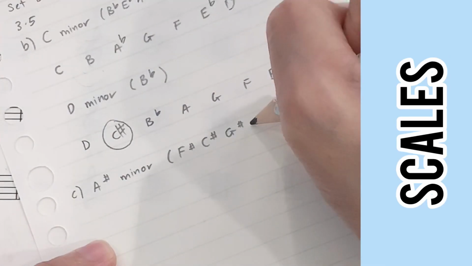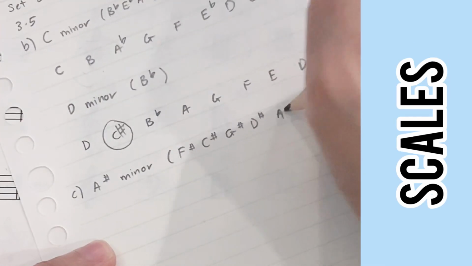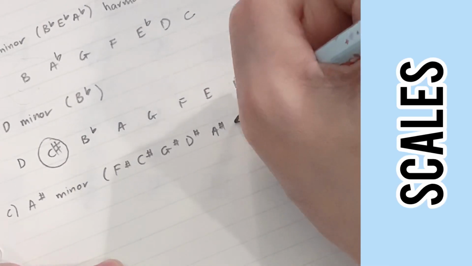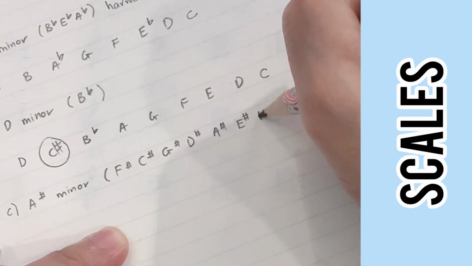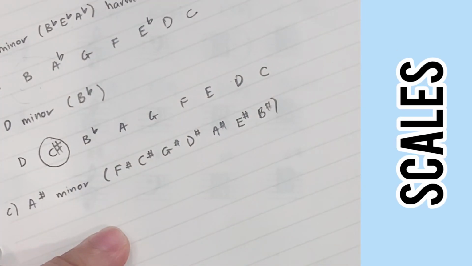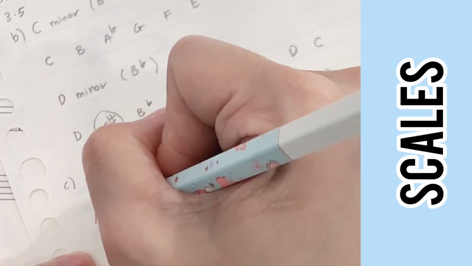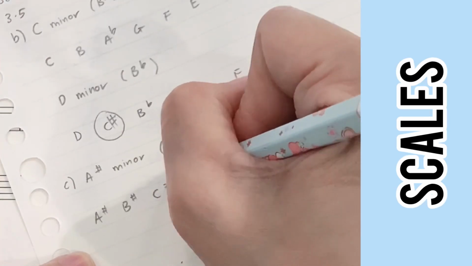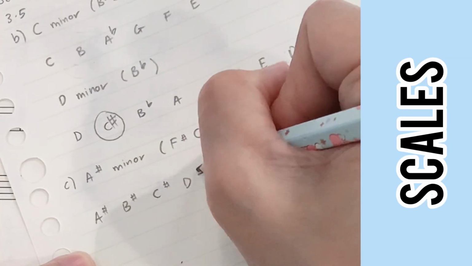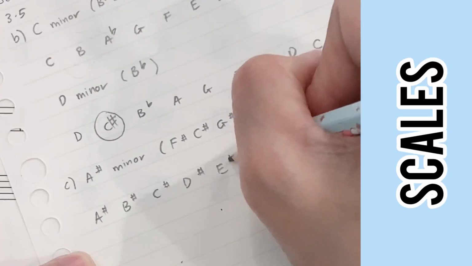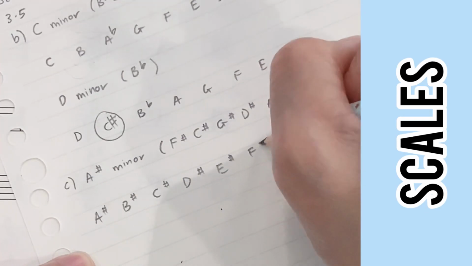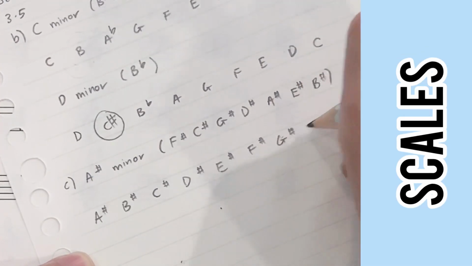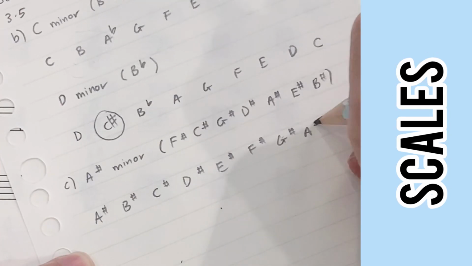So the key signature would be F, C, G, D, A, E, and B sharp. And now the scale: A sharp, B sharp, C sharp, D sharp, E sharp, F sharp, G sharp, A sharp.